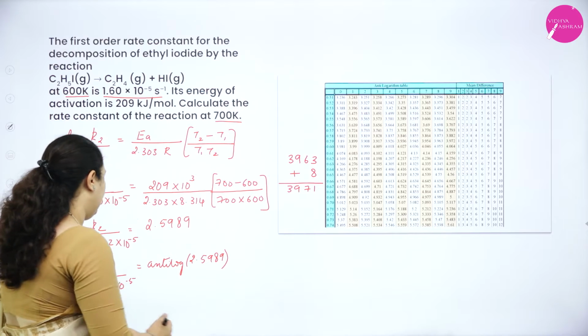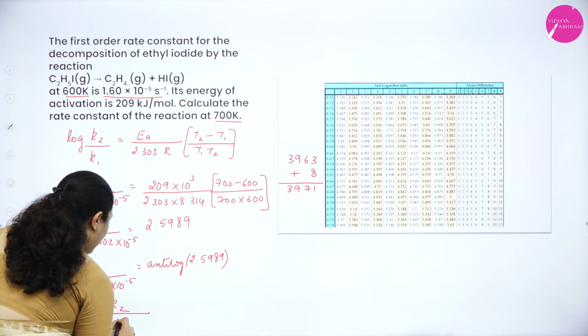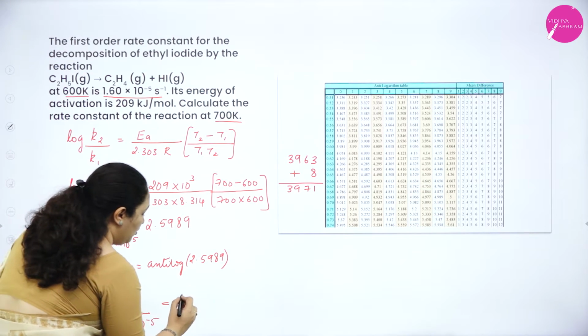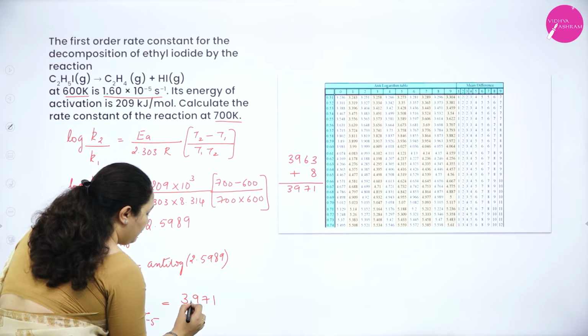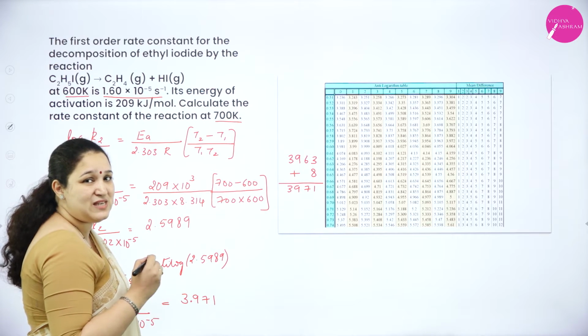So how do we write it? It is K2 by 1.602 into 10 to the power minus 5 is equal to the 4 numbers 3971. After the first number I have to put the decimal point. It is always the same rule.